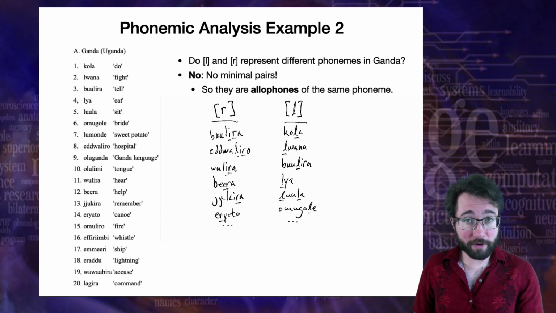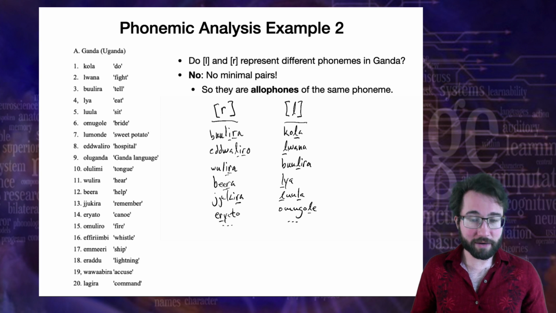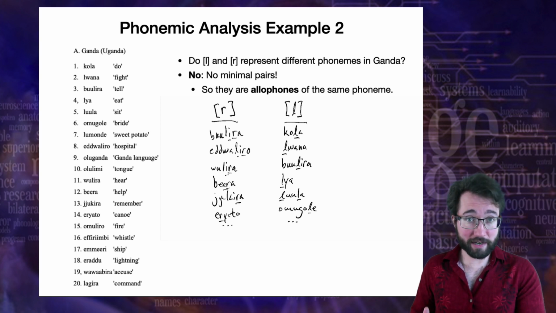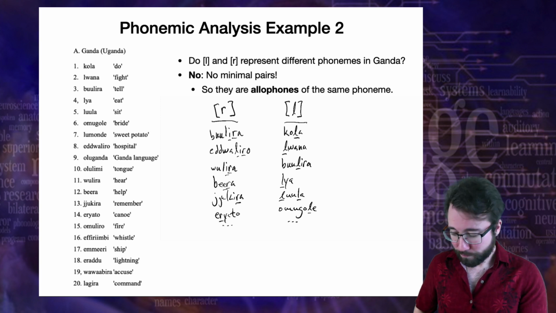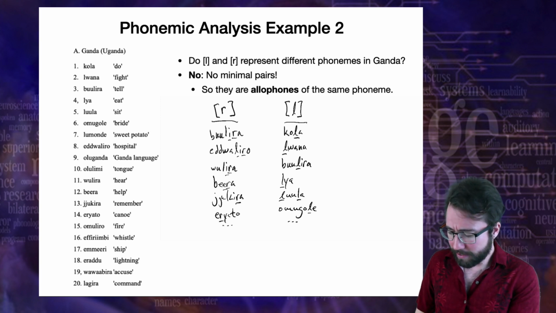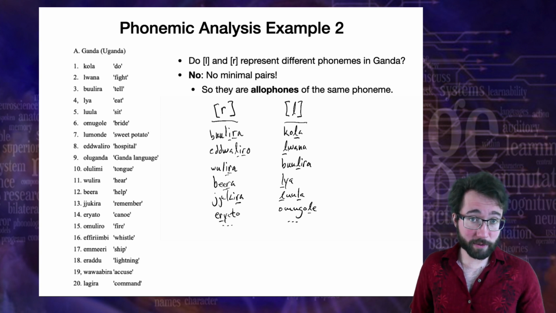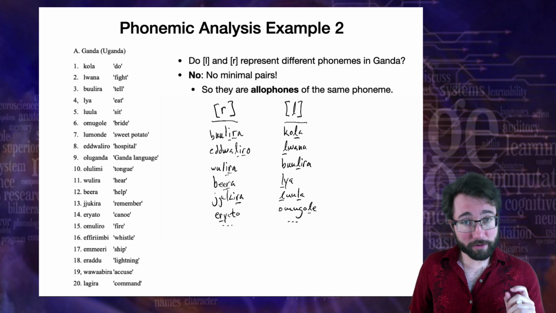So after the vowel A, which is the mid front unrounded vowel, we have again the trill R, and we don't see any examples in the L column where they're appearing after that vowel A. Then in yukira, we have R appearing after the vowel E, and in eriato, after the vowel A.